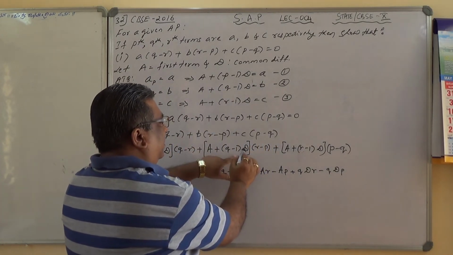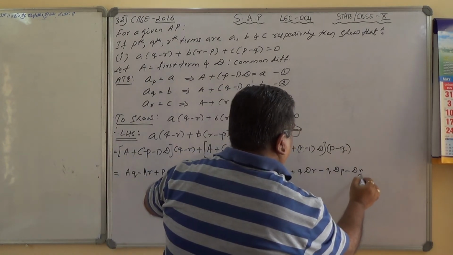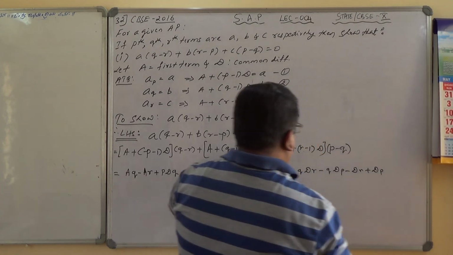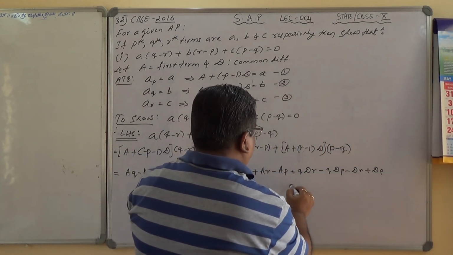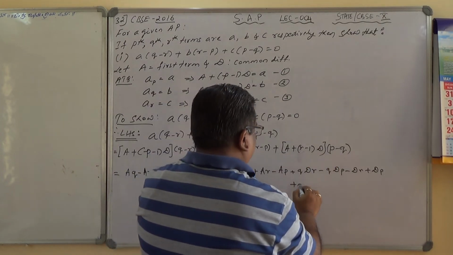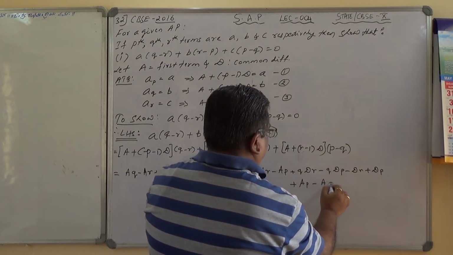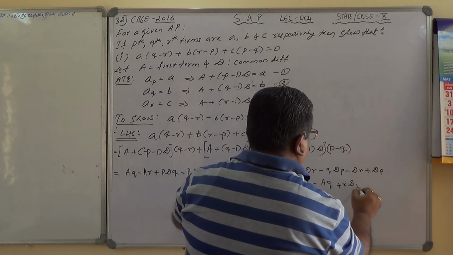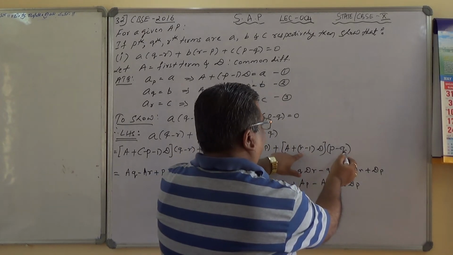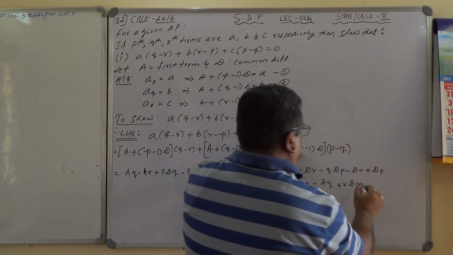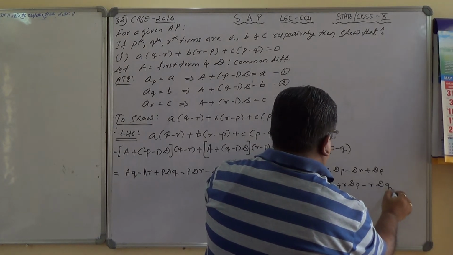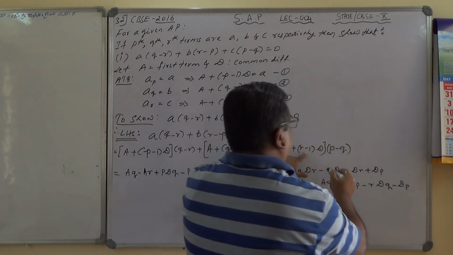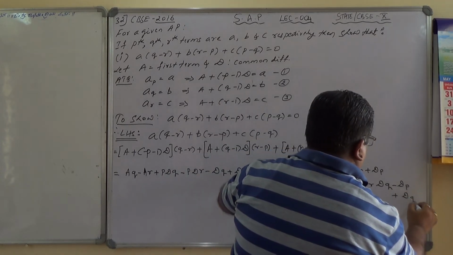Next minus Dr, minus of minus plus Dp. And finally I'll write here plus Ap, minus Aq, plus rDp, r into D into p. Next minus r into D into q, minus Dp, minus of minus plus Dq, plus Dq.